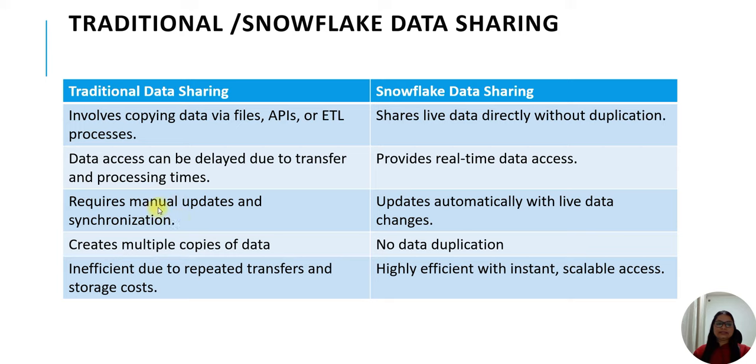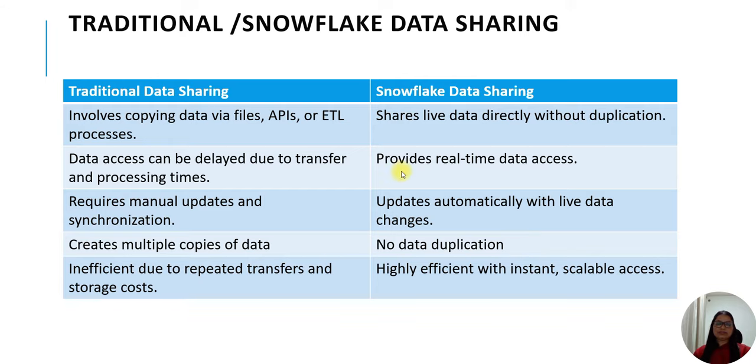Traditional requires manual update and synchronization. In Snowflake, it updates automatically with the live data changes. Traditional creates duplicate data, but Snowflake does not create duplicate data. Traditional data sharing is inefficient due to repeated transfer and storage cost. Snowflake data sharing is highly efficient with instant scalable access.